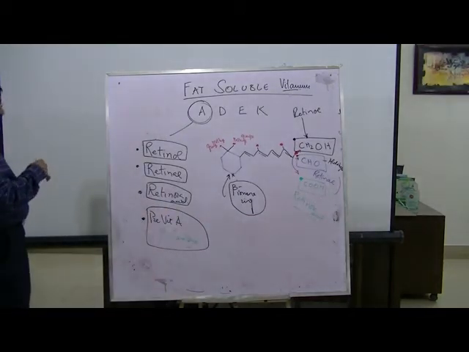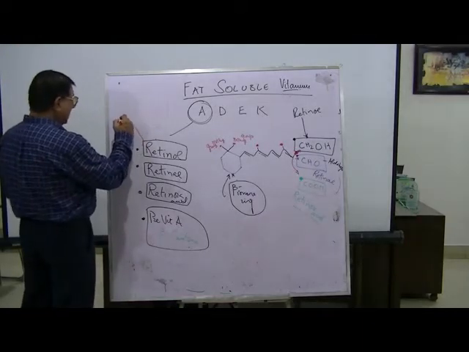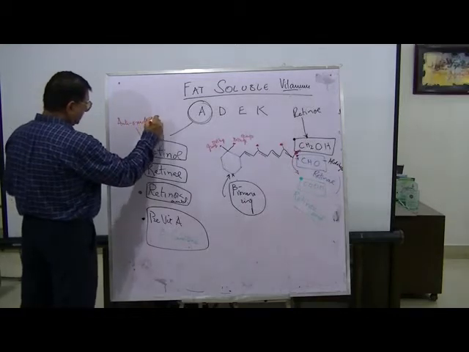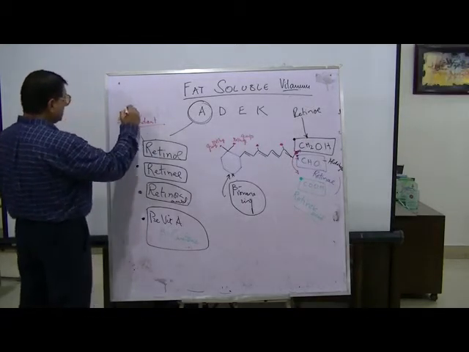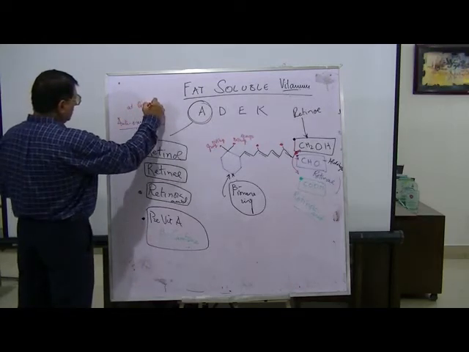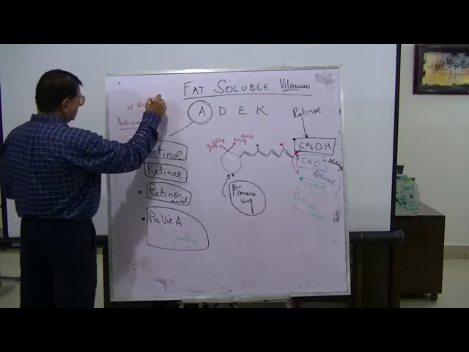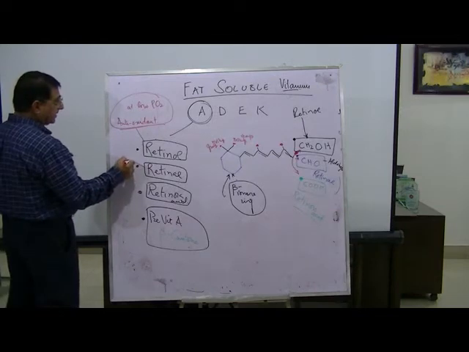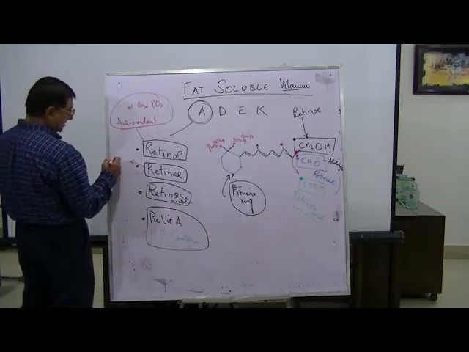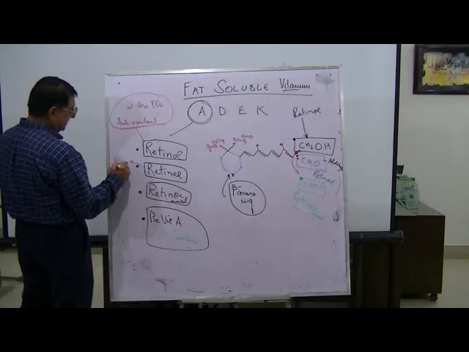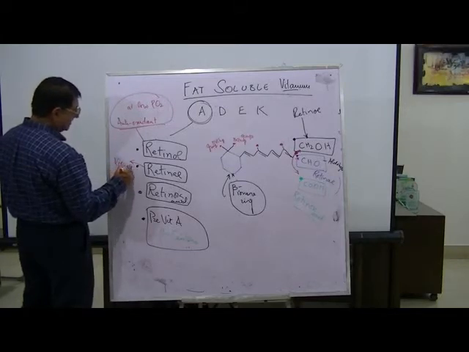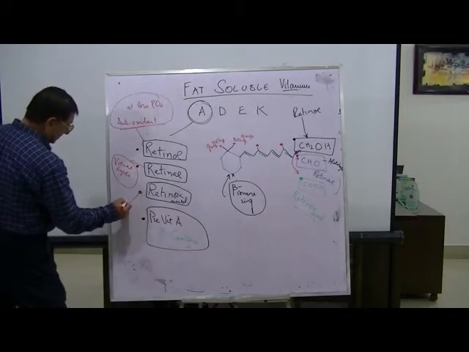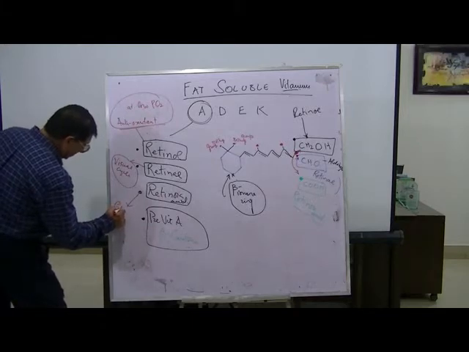Now, if you see the functions, retinol acts as an antioxidant at low partial pressure, low PO2 levels. Retinal acts in the visual cycle. Retinoic acid is important in the formation of glycoproteins.